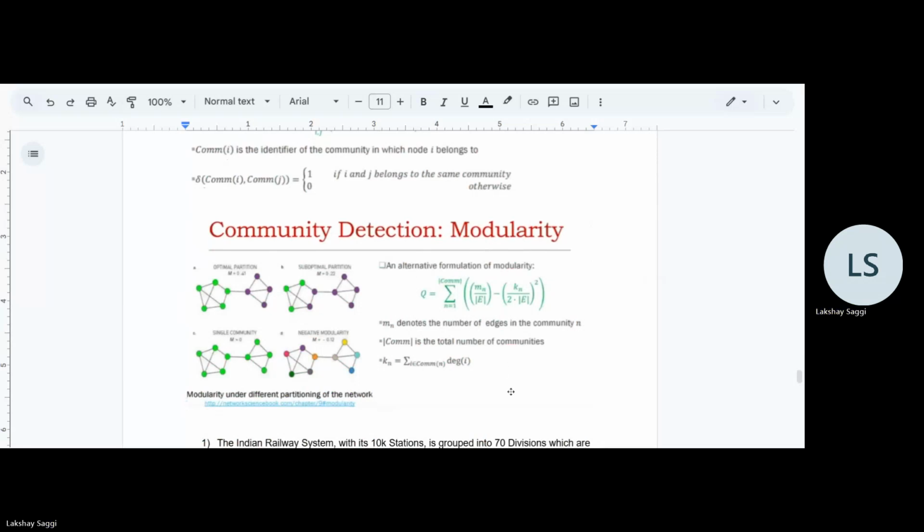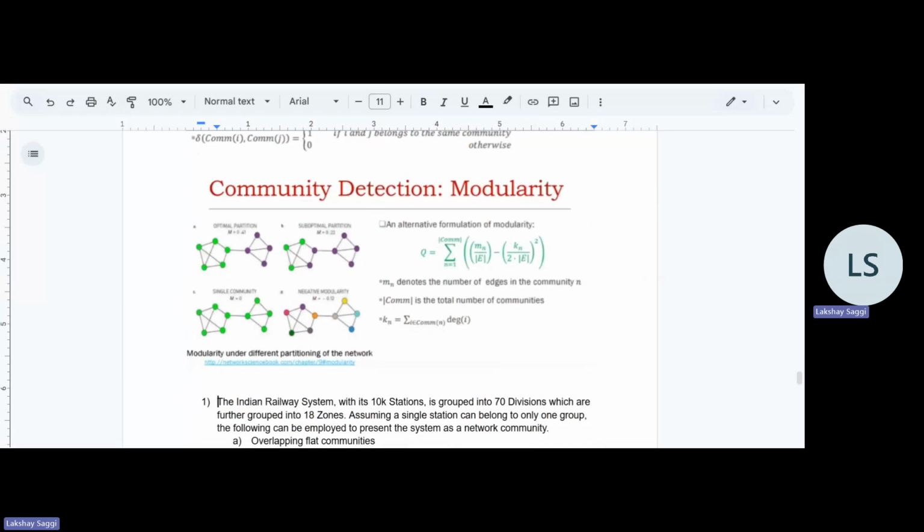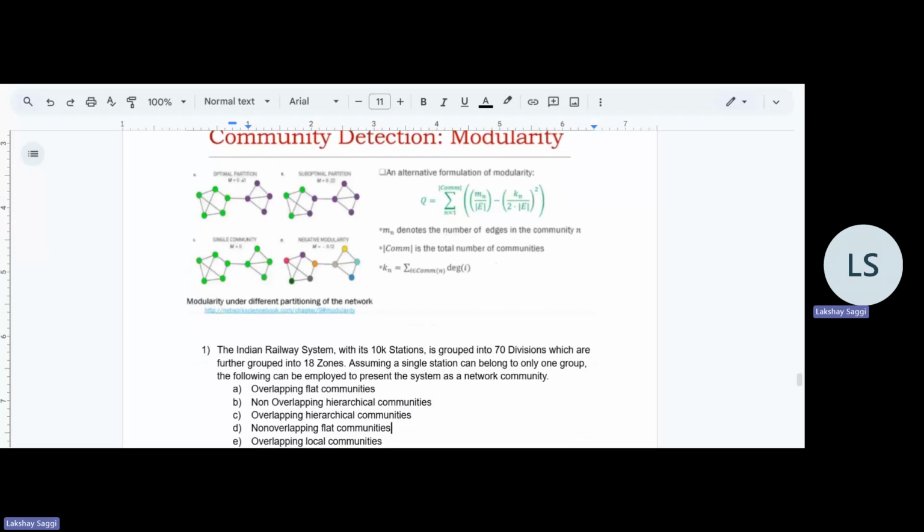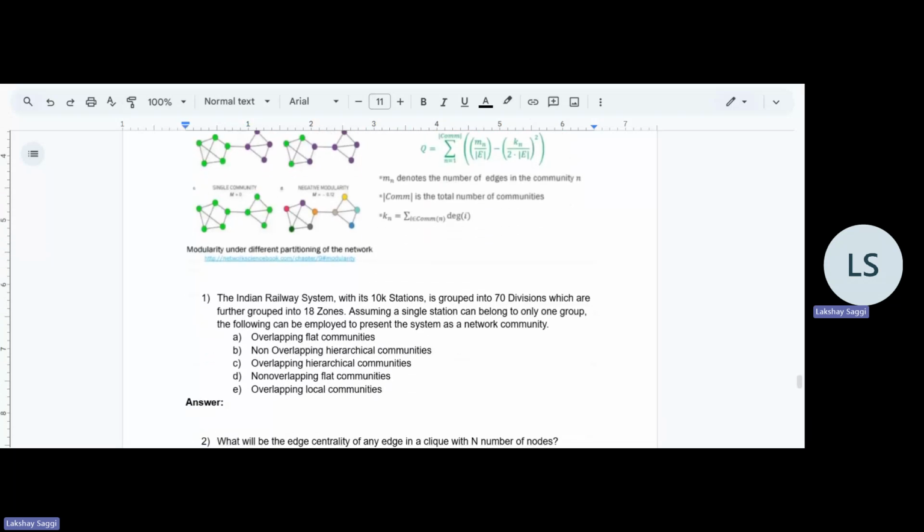So I guess this was more or less what was covered in this week's lectures. Since we have covered all of this, maybe we can get started with the questions. I think the questions will be pretty simple since we have already discussed quite a bit of theory behind all of this.